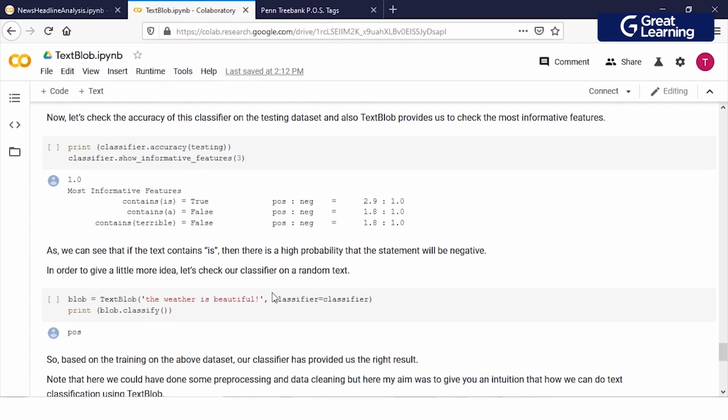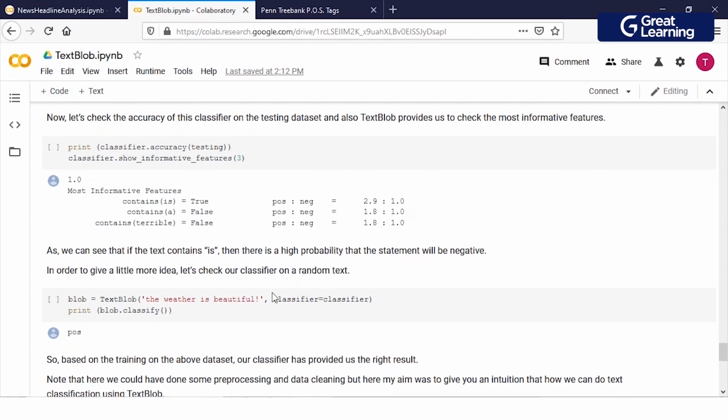So what it is saying is that if that be the case, the positive to negative ratio is 2.9 to 1. So you can see that if this word is there, the chances that your sentence is a positive sentence as compared to a negative one are higher. If this word is not there, the ratio is 1.8. That is what it is doing.